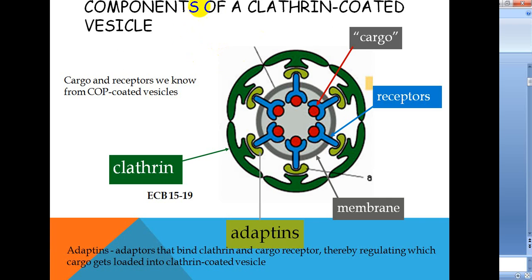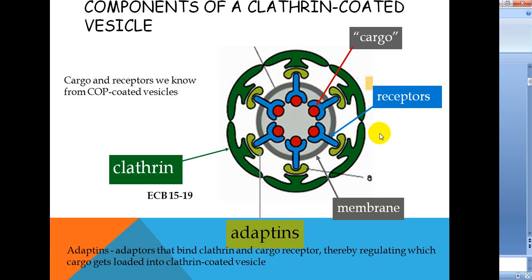This is the clathrin coat that is attached to this vesicle by one protein that is called adaptin, and this adaptin is attached to the receptor to which the cargo molecules are attached.